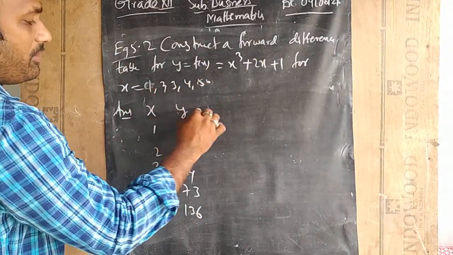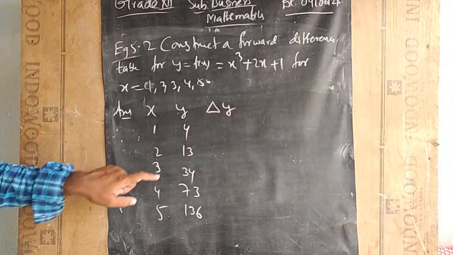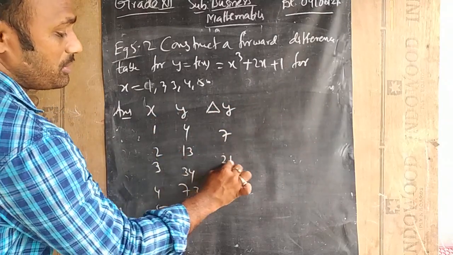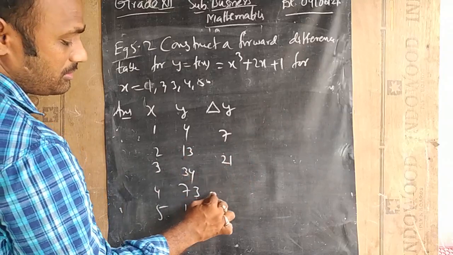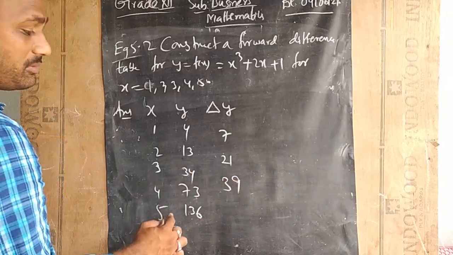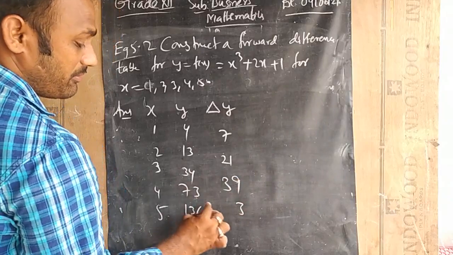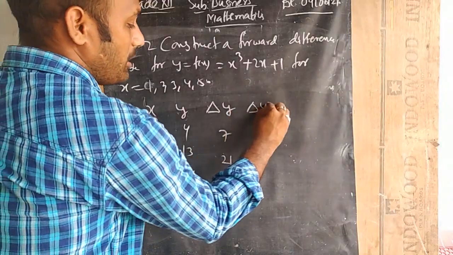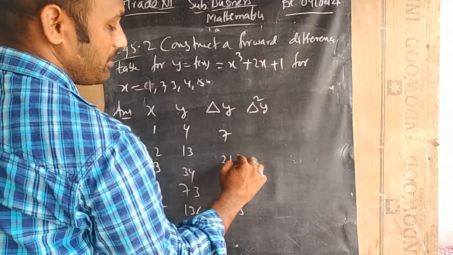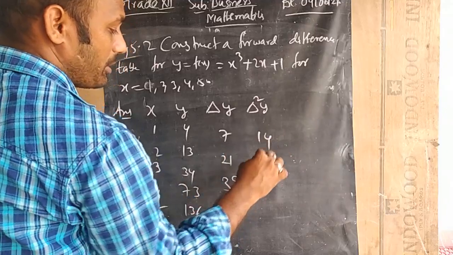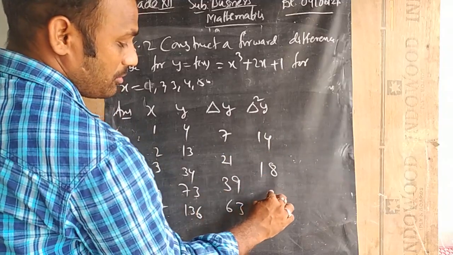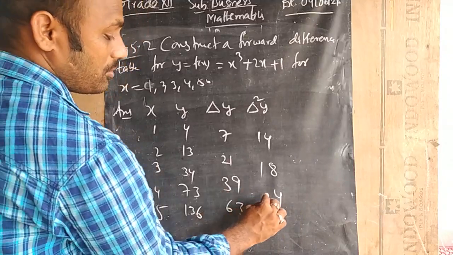Now to write the forward difference table, we will use delta y first. So 13 minus 4, it will be 7. 34 minus 13, 21. Then the next differences, and for delta square y, 21 minus 7 will be 14, 9 minus 1, 8, and so on.